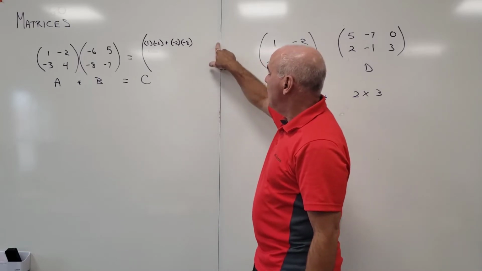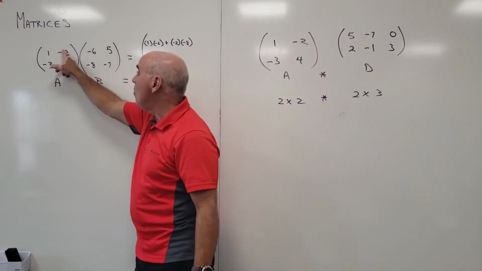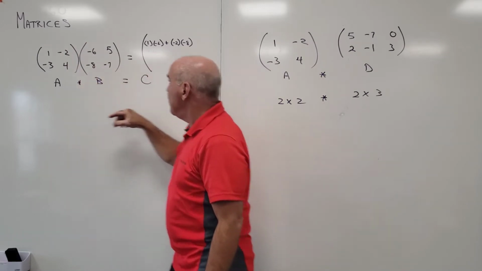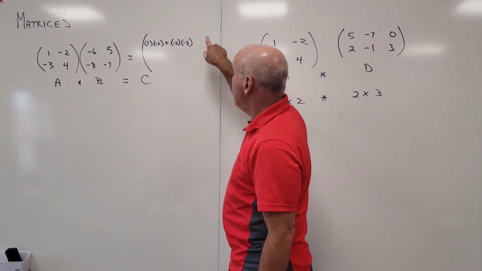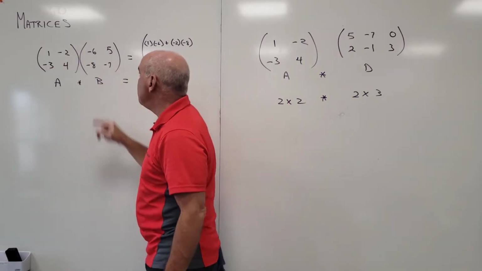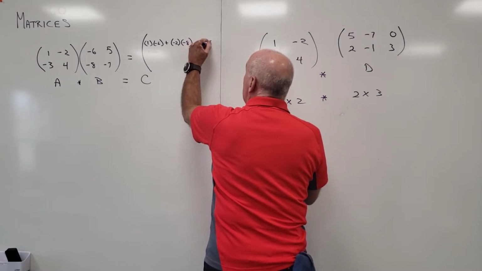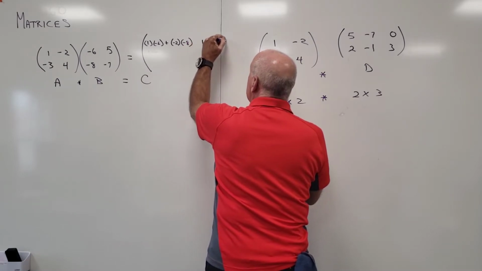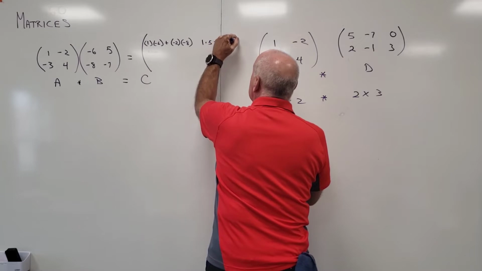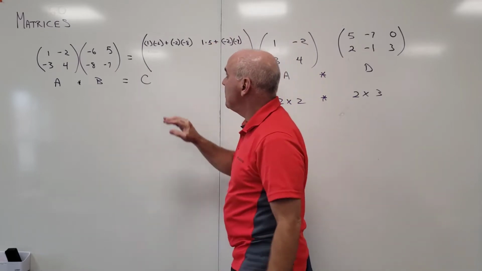And then this is going to be row 1, column 2, the next element. So this is going to be 1 times 5 plus -2 times -7. Okay, and that's going to terminate this row.